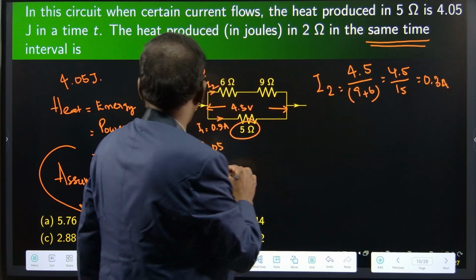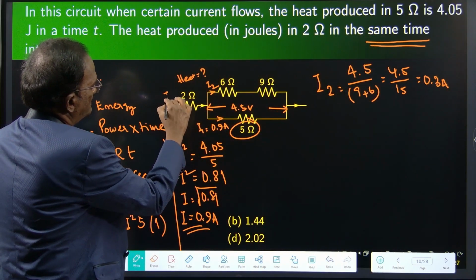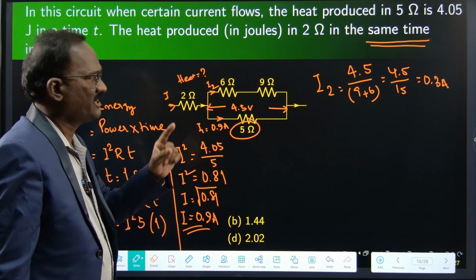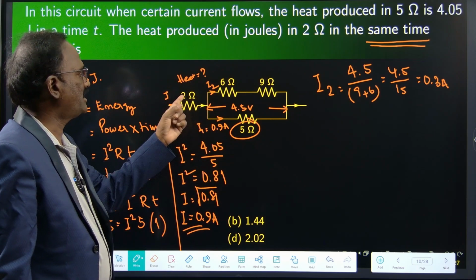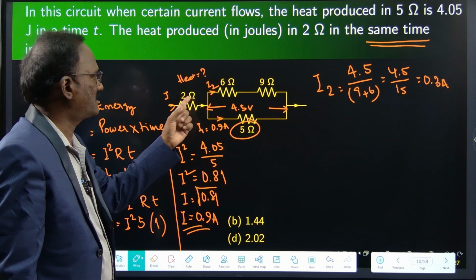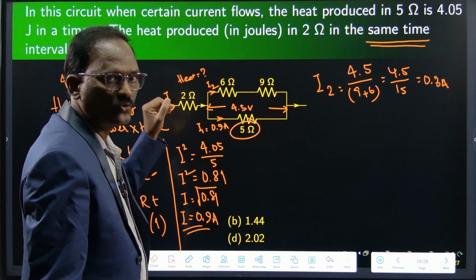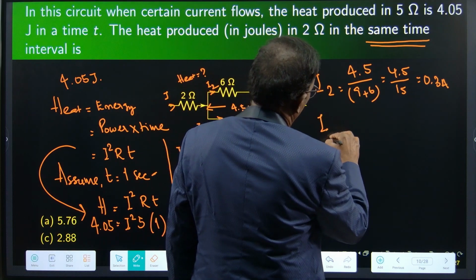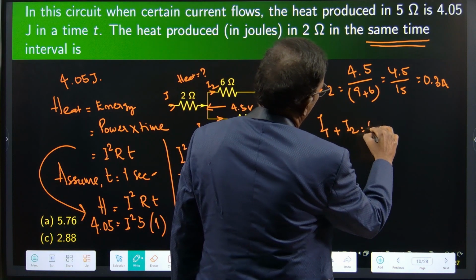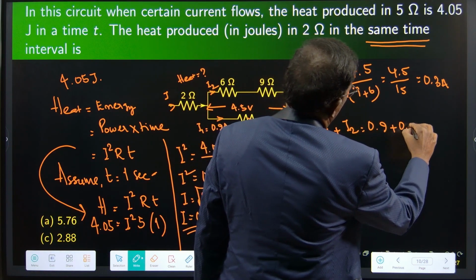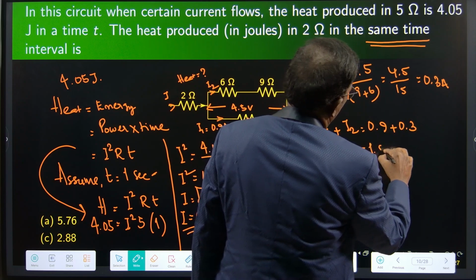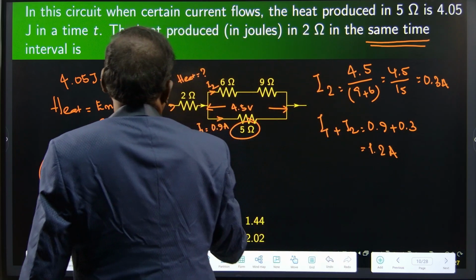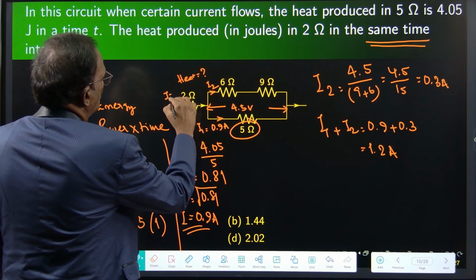So the total current is this current I. Because we are interested in finding the heat value, I square R T, I have to put here the current through the 2 ohms. Now the two currents are found. We will add the two currents: I1 plus I2 is equal to 0.9 plus 0.3, 1.2 amperes. 1.2 amperes is the total current here.